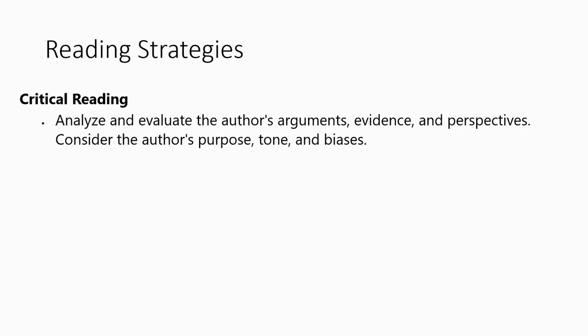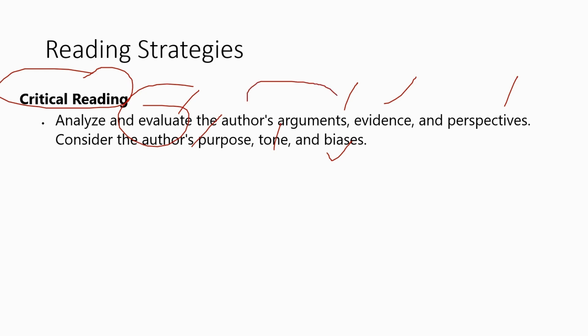Another very important strategy is critical thinking. Analyze and evaluate the author's arguments, evidence, and perspectives. Consider the author's purpose, tone, and biases. So, reading between the lines, you try to evaluate what argument the writer is taking, what evidence has been provided, and what perspectives have been discussed in this particular text.